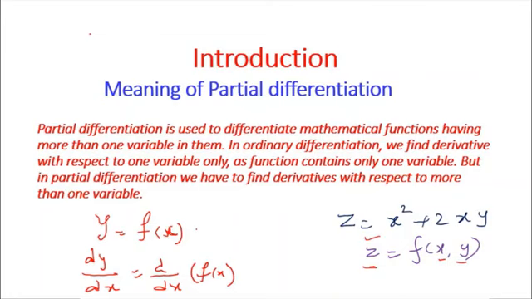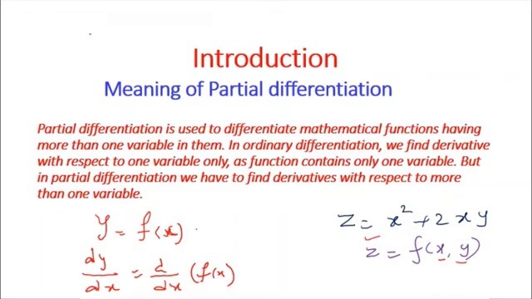Then in this case, what do you do? Do you find dz/dx, that is, differentiate z with respect to x? Or do you find dz/dy, that is, differentiate z with respect to y? There we get the case of partial differentiation.